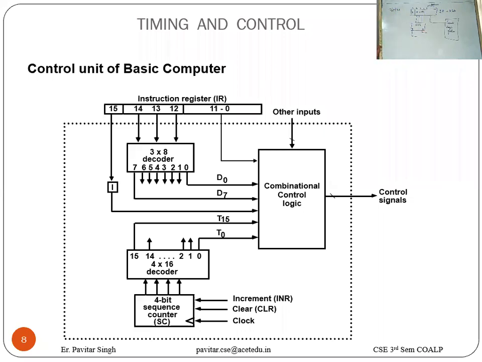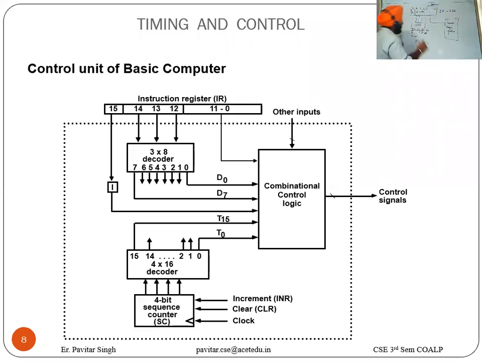These outputs are represented with D0, D1, D2, and so on up to D7. D means decoded, because they are taken out from the decoder. That is why they are represented with D0, D1, D2, D3, and so on. I hope the concept is clear to you.